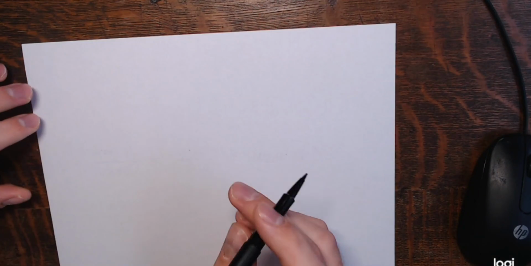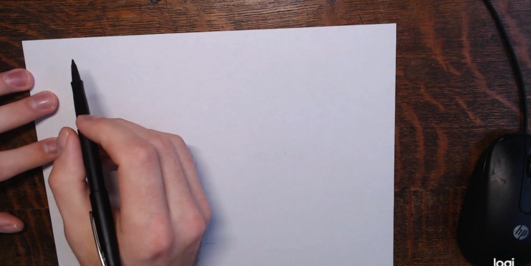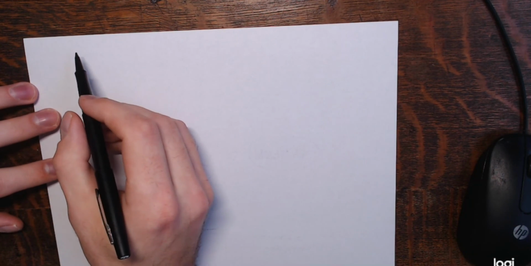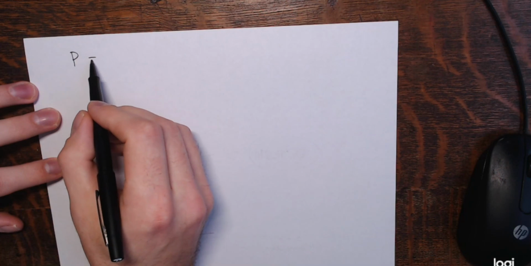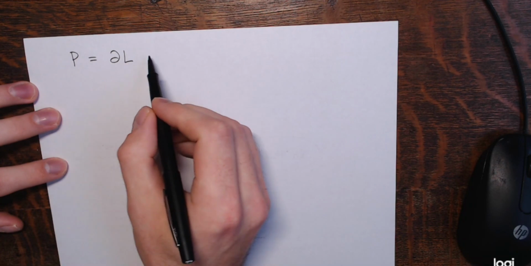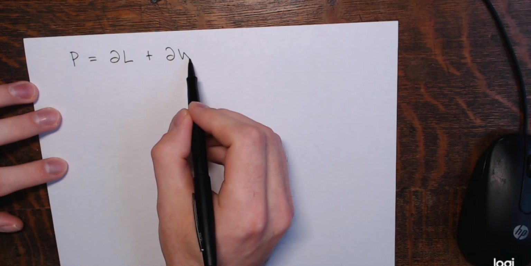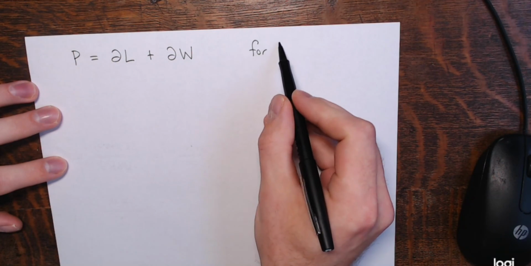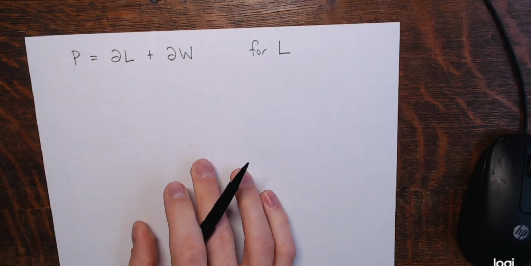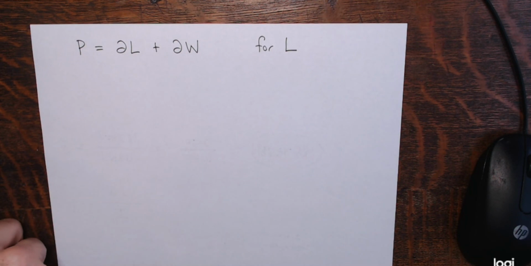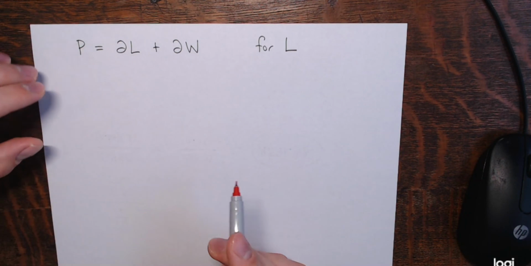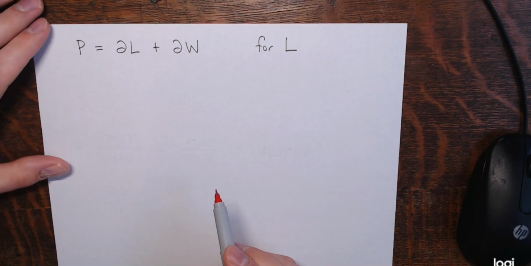And this is really no different than some of the formulas we saw earlier with x and y. Right? So we have p equals 2l plus 2w, and we're asked to solve for L. So first I'm going to move terms that don't have L in it to one side and terms with L in it on the other.